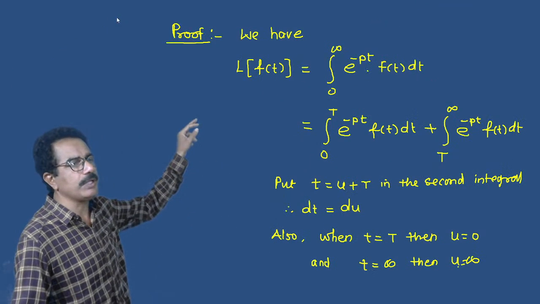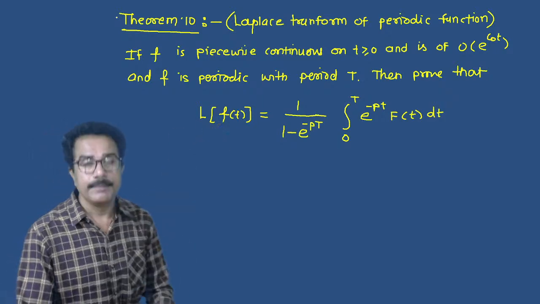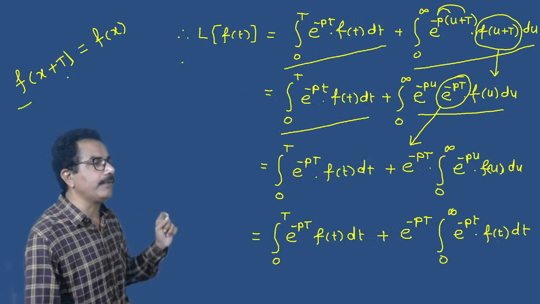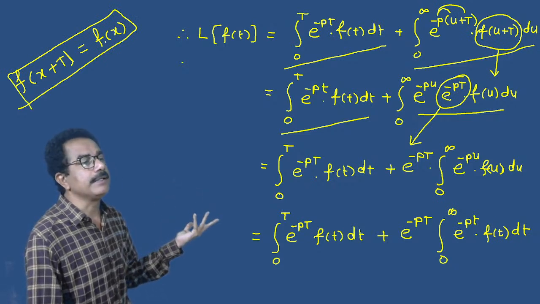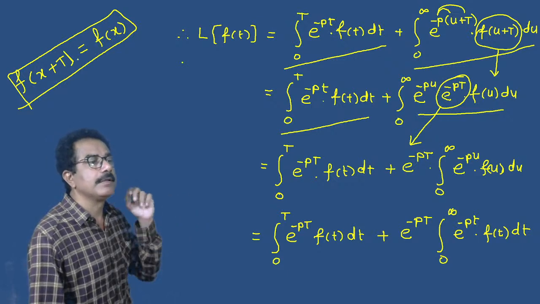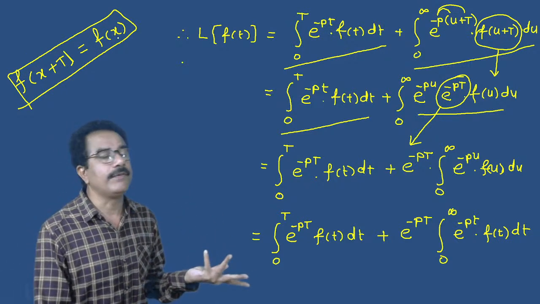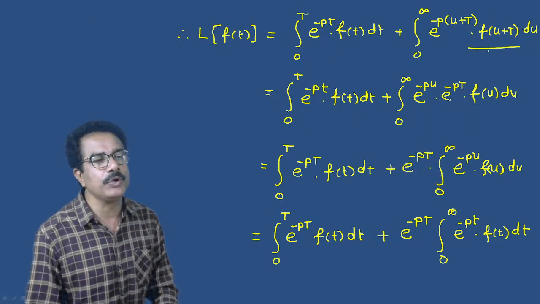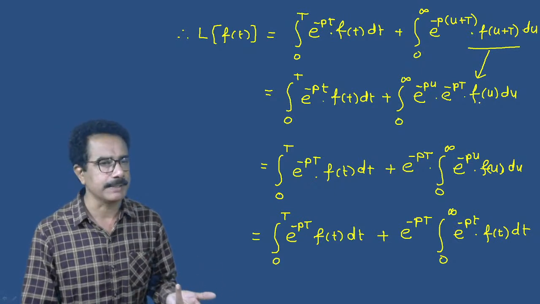Actually we have been given that f is periodic with period T. This is a very important formula for a periodic function: f of x plus T, or f of x plus nT, we can also write as f of x. So according to this condition, we write f of u plus T is equals to f of u, because T is the period of the function.